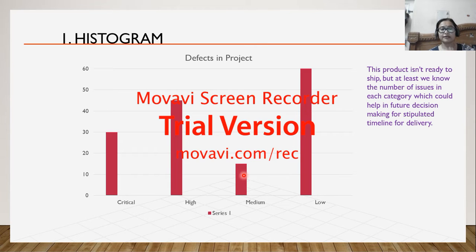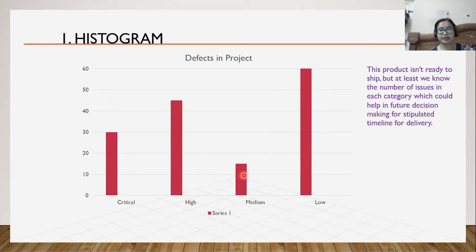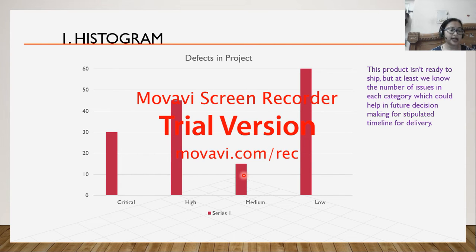So, this way we get a clearer picture of how and where our project stands from the point of view of defects and their priorities. This way, histogram helps us to categorize our data under different heads and hence helps us make more informed decisions.